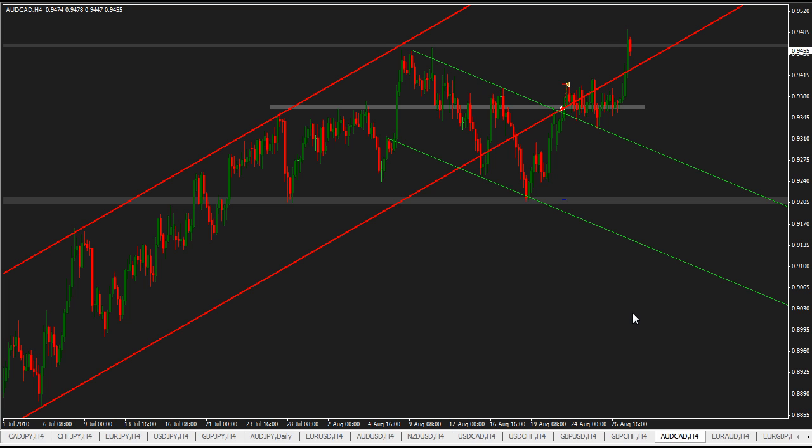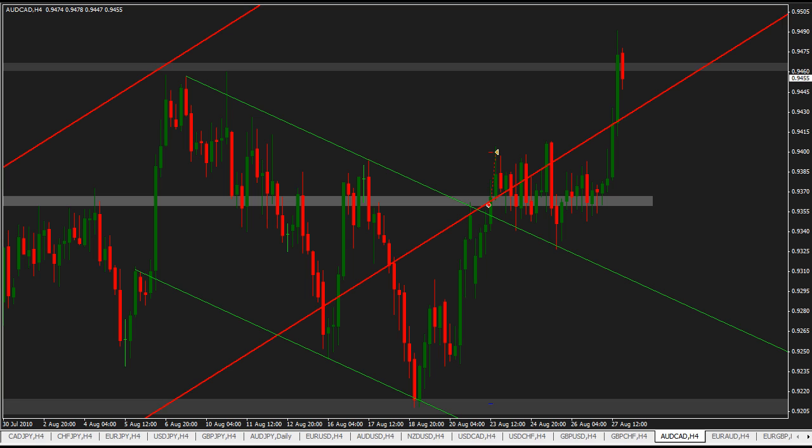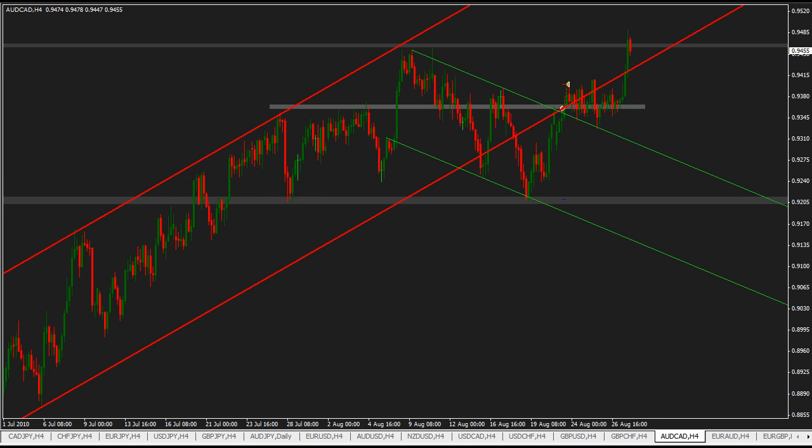Here's what was going through my mind after I took the loss. I saw that price was not able to close above this high. In fact, it was actually rejected. If we look at a previous example on this pair, you'll see that there was an upward trend line. You'll see that it was broken, but it was not able to close above this low right here.